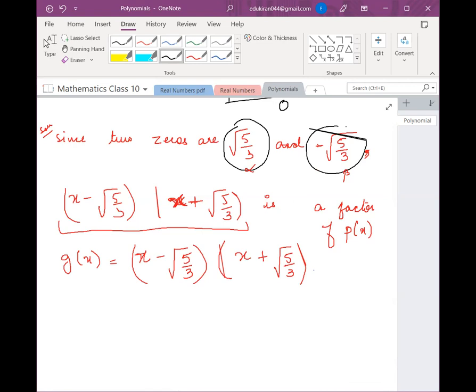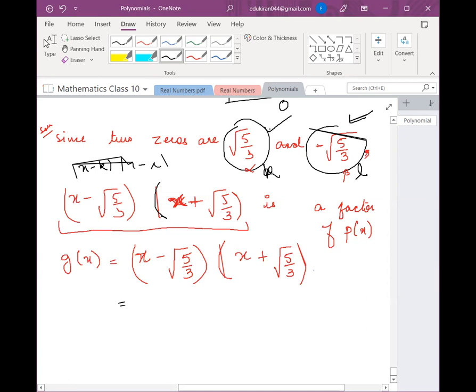Yes. Okay. So if these are the two zeros or two factors which are already given, x minus, I'm giving them names. Let's say this is my a or this is my k or l. Okay, this k and l are given to you. So x minus k into x minus l will also be a factor of the given polynomial. So I'm just multiplying these first of all and I'll see what I'm getting.